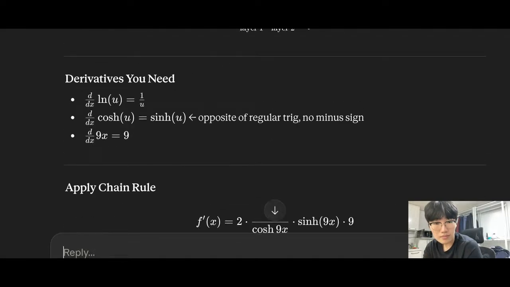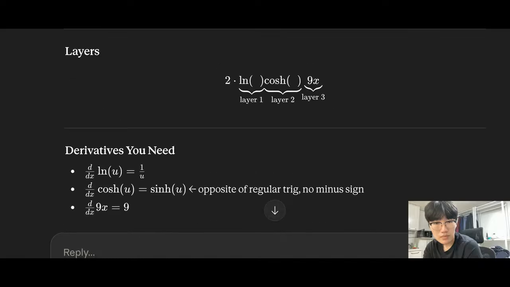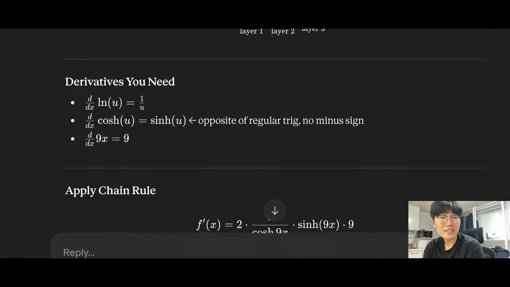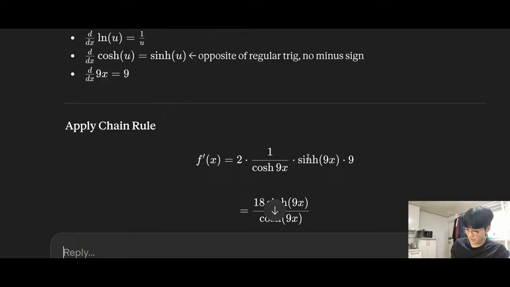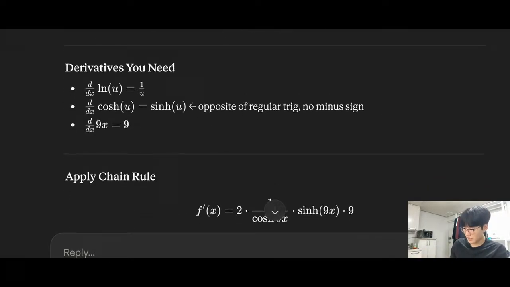Okay, so oh, it's inside ln, which means the entire thing's inside, so the ln just disappears, and that leaves 1 over cosh 9x, times 2, and that times the derivative of cosh 9x. The derivative of cosh 9x is sinh 9x times the derivative of 9x, which is just 9.